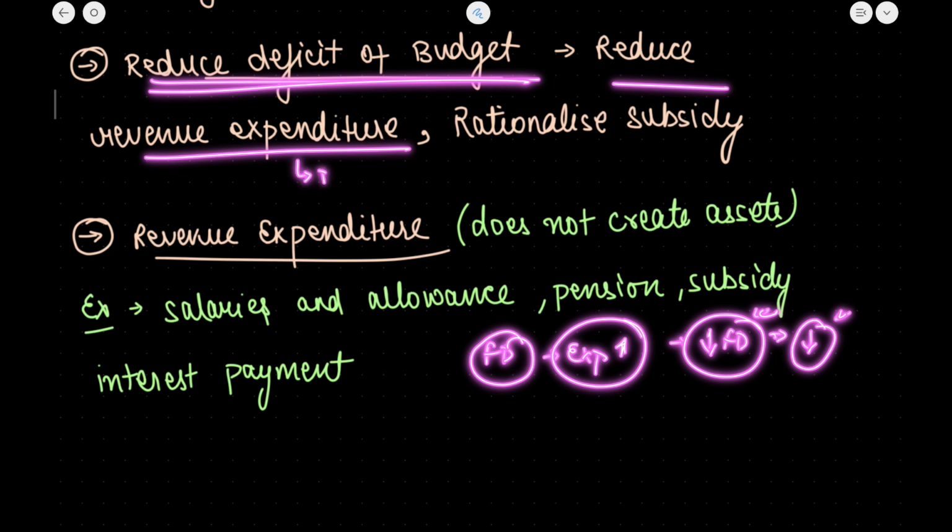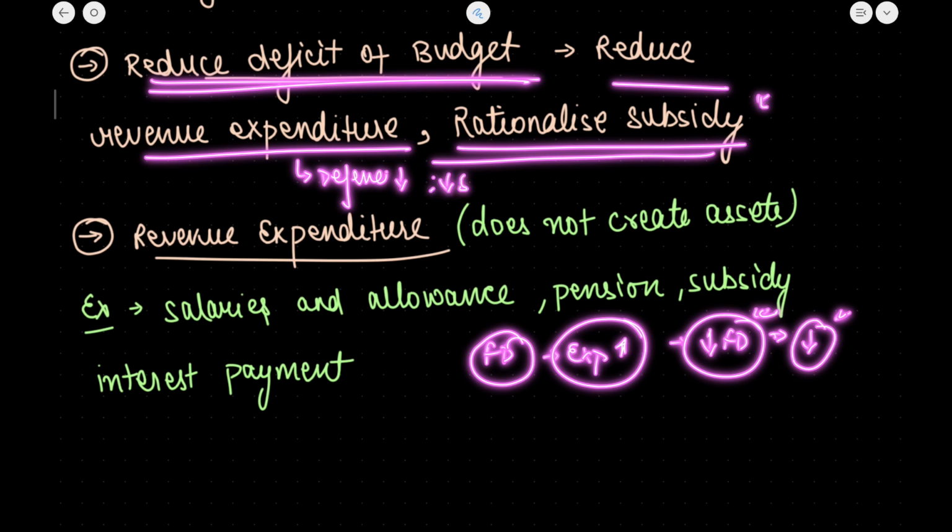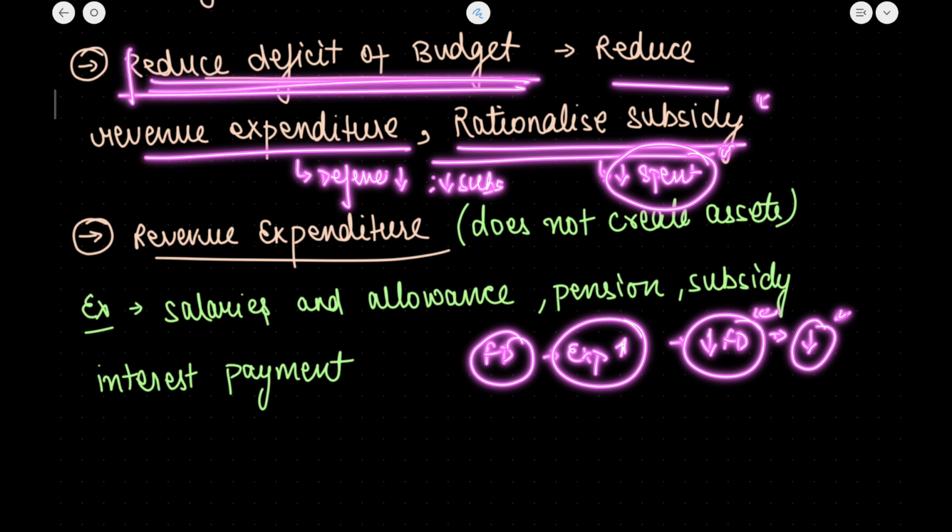It means the government can reduce defense expenditure. The government can rationalize or reduce the subsidy that is given. All of this will tend to lessen the amount of money that is spent by the government of India, and automatically when the money spent by the government of India is decreased, the fiscal deficit of the government would decrease.